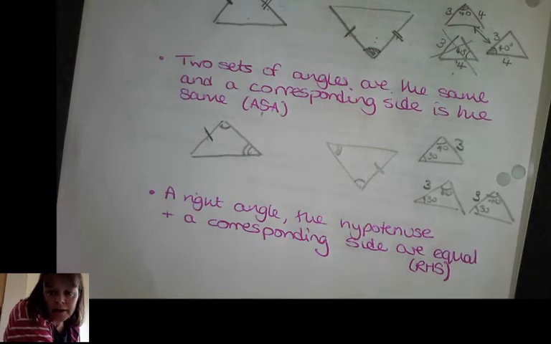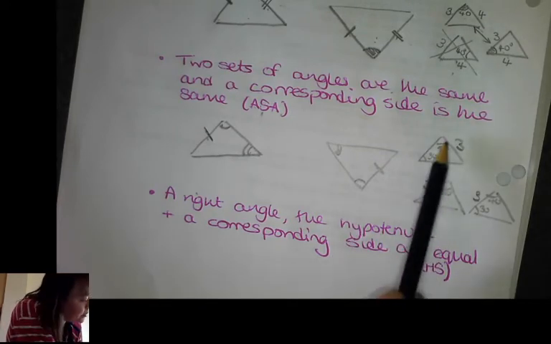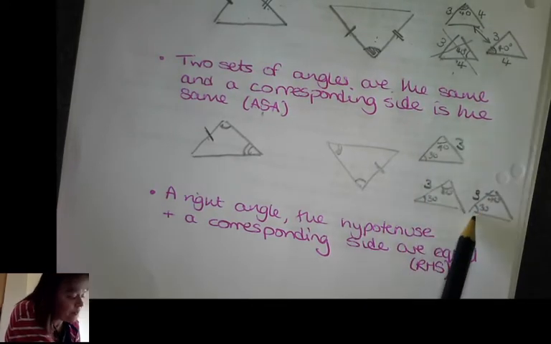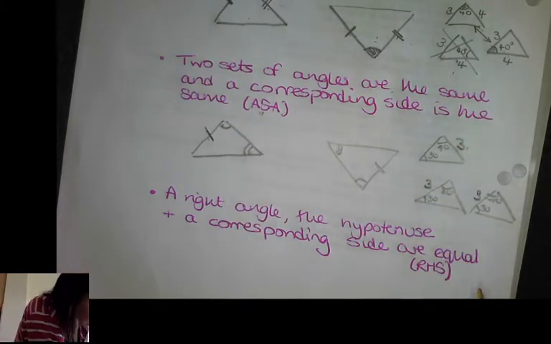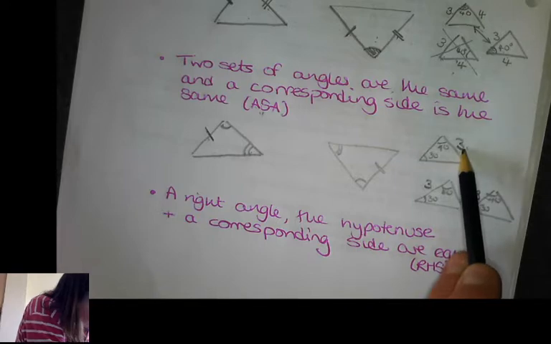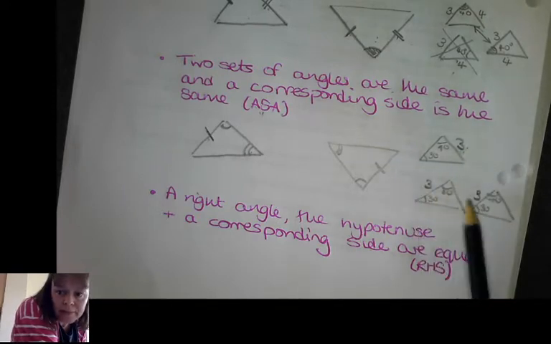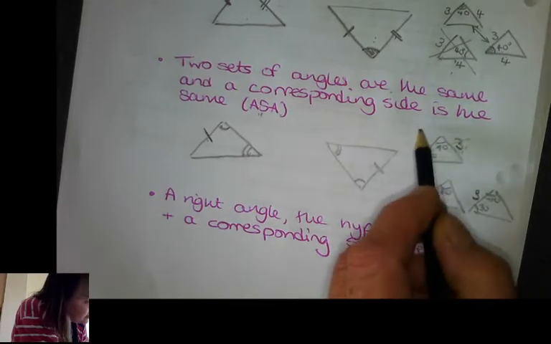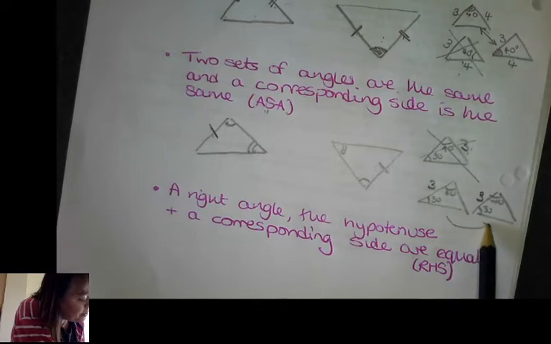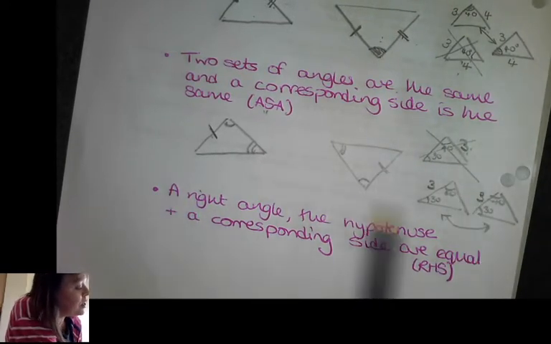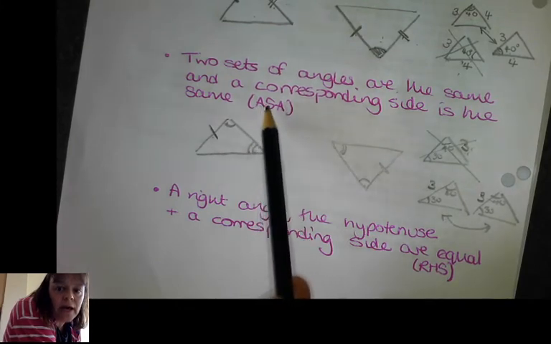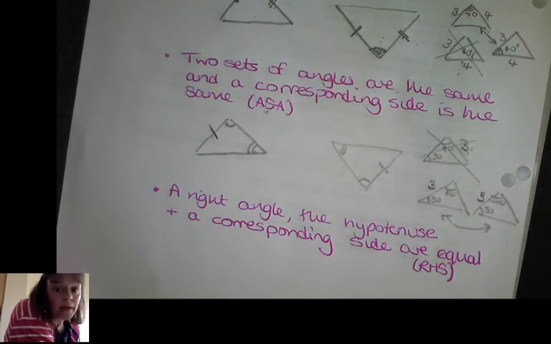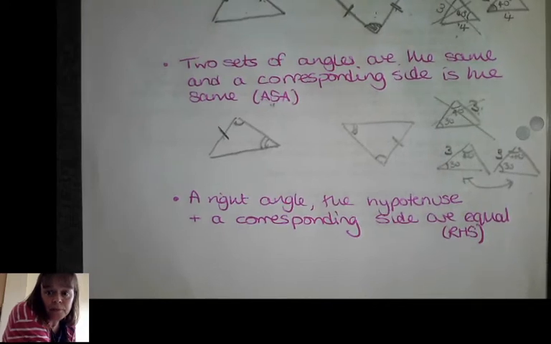So I have a look at that and I think, yeah, okay, so I've got matching angles all the way and I've got matching sides. So I'm hoping to use this, but then I look at it carefully and I think, hang on a minute, this 3 is in the wrong place compared to these 2 3s. So this is the odd one out and these 2 match. These are the same triangle, so I say they're congruent. And the reason I know that is because I have 2 angles and a matching side. Okay, pause the video, copy those ones.